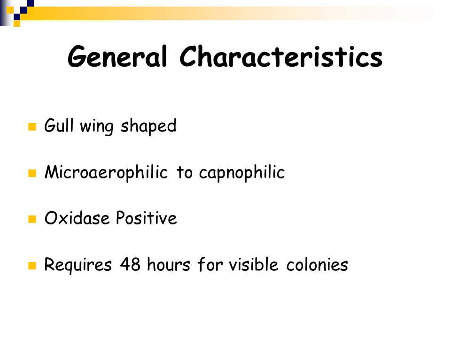These organisms have to be grown in a special way. These are oxidase positive, so they can be differentiated from our Enterobacteriaceae family members, and they usually require 48 hours of incubation in order for you to see visible colonies on agar media.